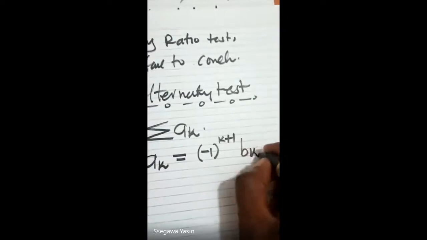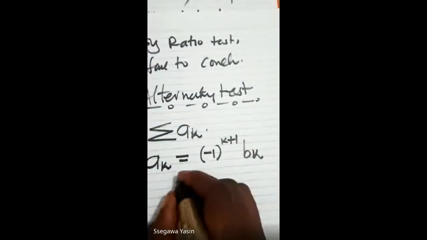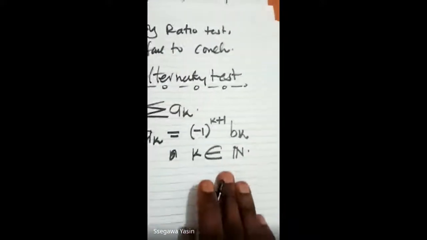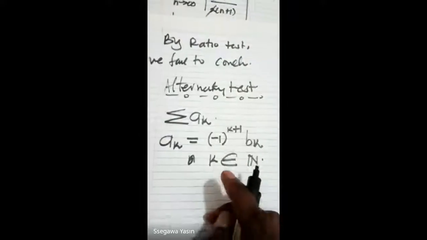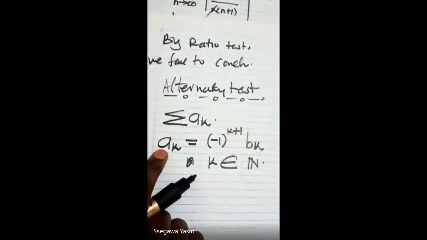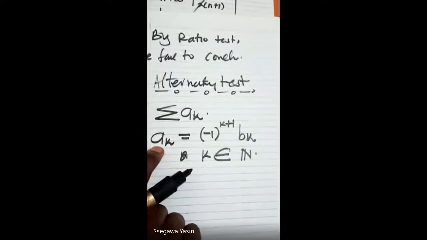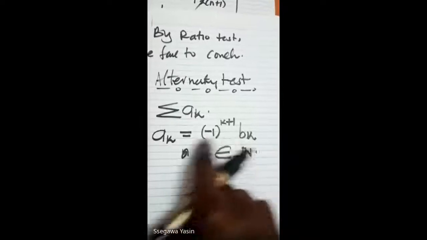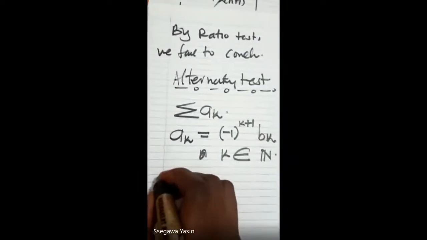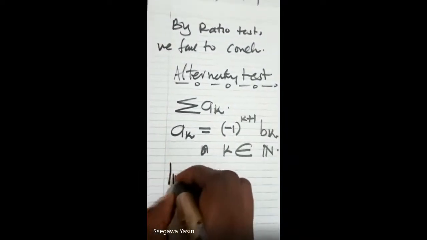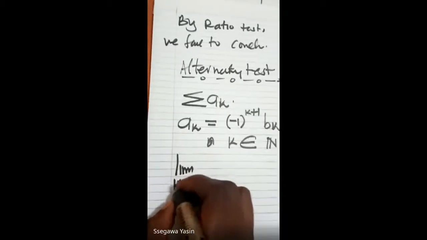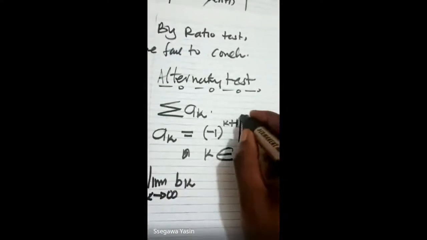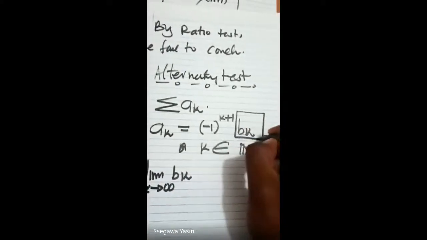Then this is big K. So we know K. This is K coming from where? N. This is the expression. So if you are given any cell, you extract the sequence, you write it in terms of this. Then take what? Take a limit as K goes to infinity of this subsequence.